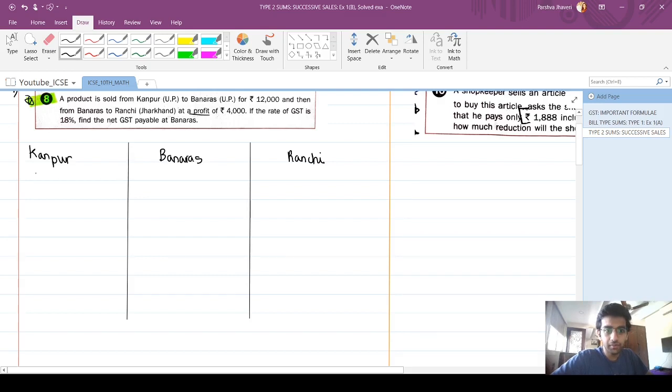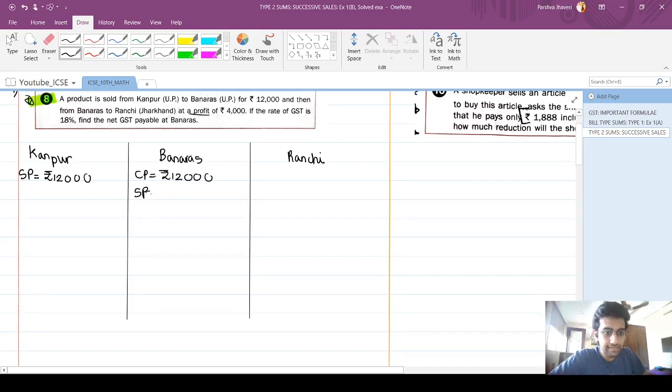A product is sold from Kanpur to Banaras for 12,000. So the SP at Kanpur was 12,000. And then from Banaras to Ranchi at a profit of 4K. So the CP for this guy will be 12,000, but he sold it at a profit of 4,000.